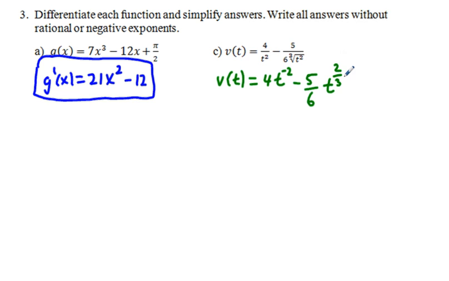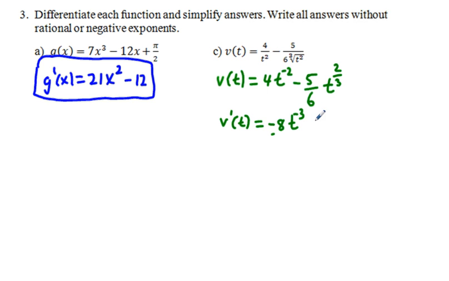Okay. Next, let's go ahead and differentiate. V prime of t is going to be equal to negative 2 times 4, which is going to be negative 8. And this time it'll be t to the negative 2 minus 1, so that's going to be negative 3 power.